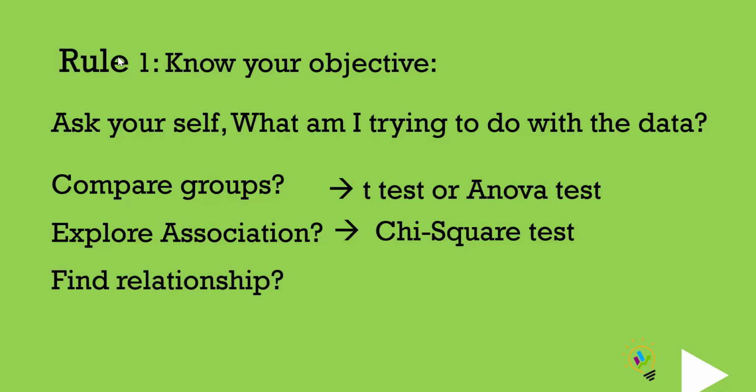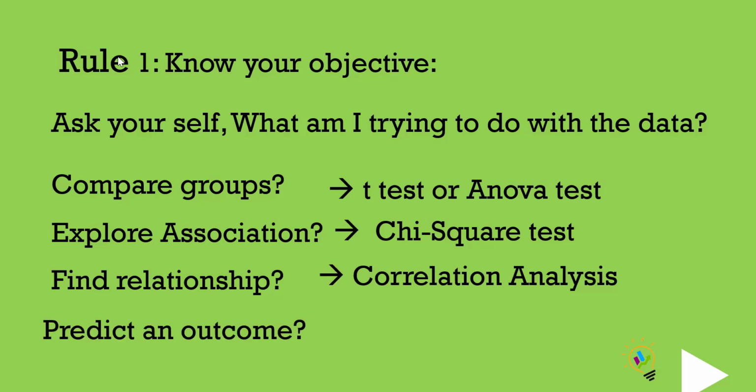If we want to find the relationship between the variables, then we must use correlation analysis. If you want to find the impact, that is predicting an outcome, then we are going to use regression analysis. So basing on the purpose or the objective, the type of test will depend.